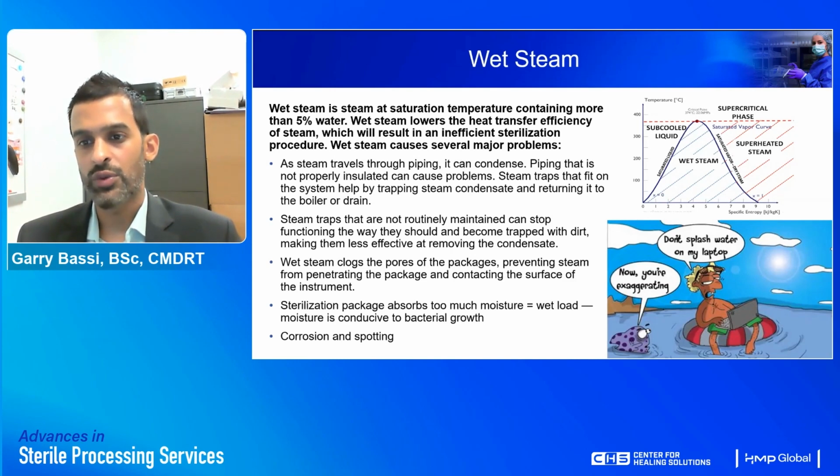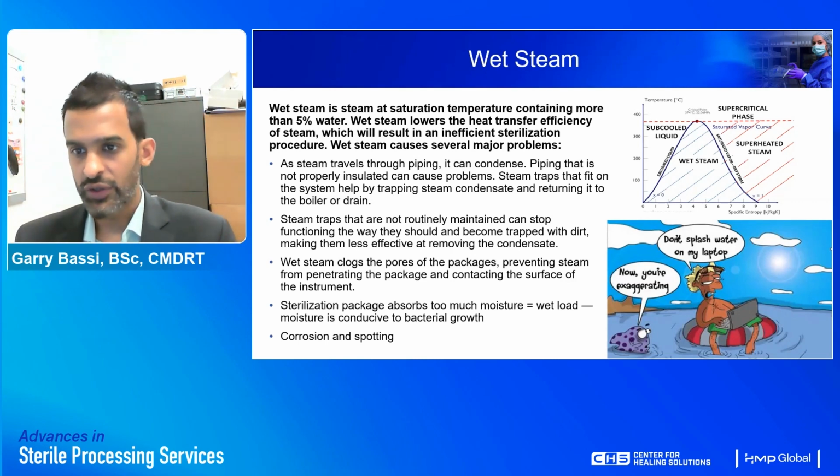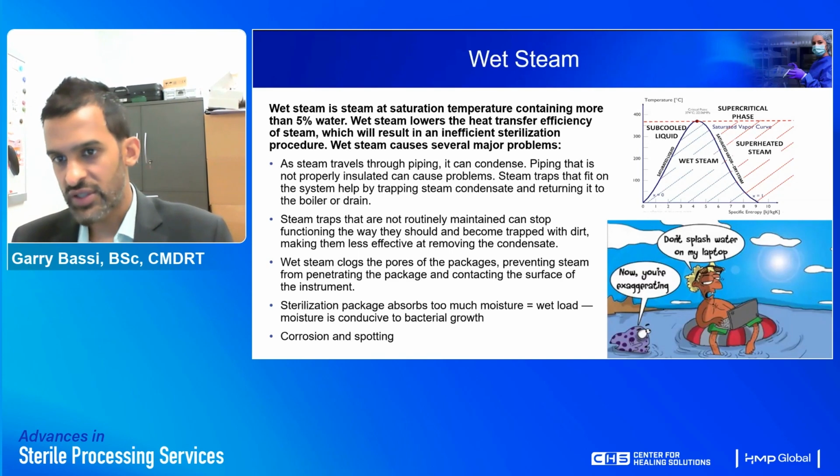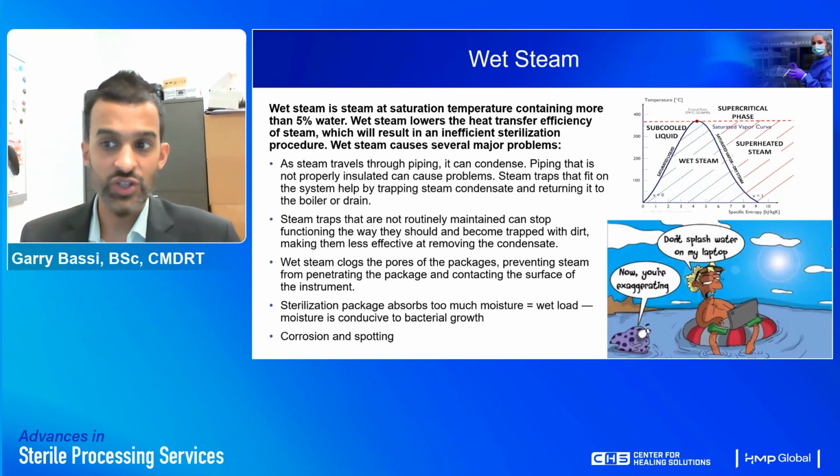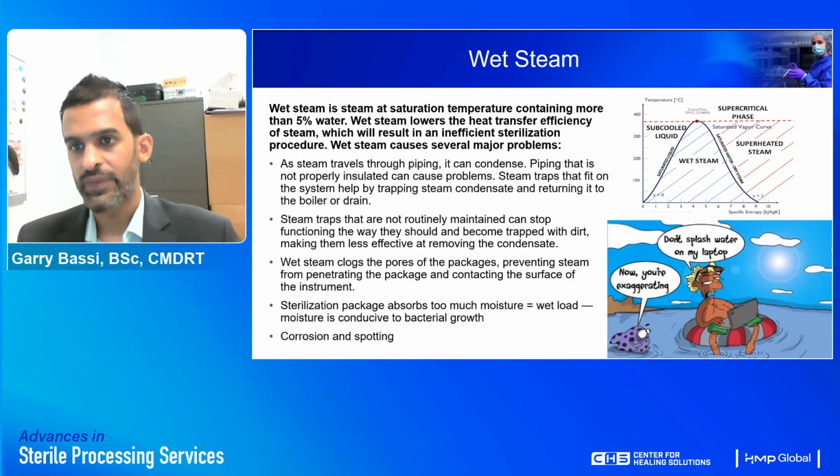So one of the things I want to point out on this slide is that, again, if you look at how steam is generated after boiling water on this graph here, you see that steam itself contains that energy that we talked about, specific entropy, and the temperature on the y-axis. So as the temperature increases, the entropy is also increasing.